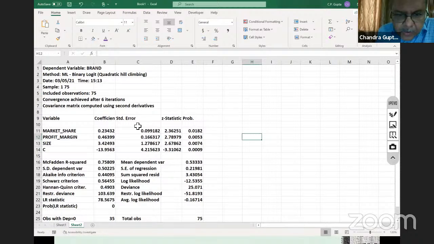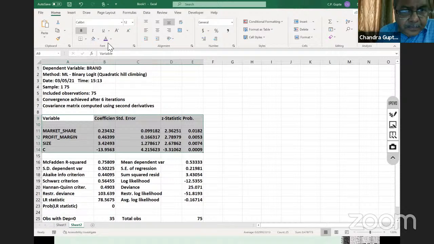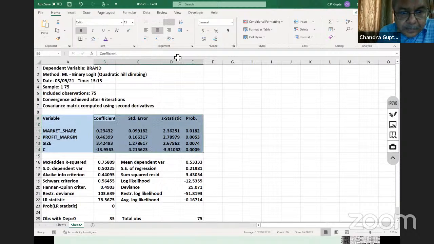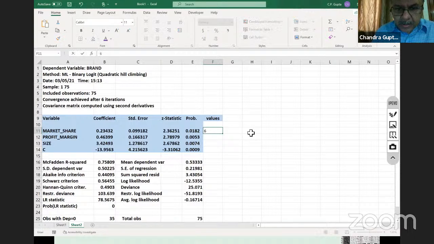Now, this is my output data. Suppose I take the values, say market share 60, profit margin 25, size is small.